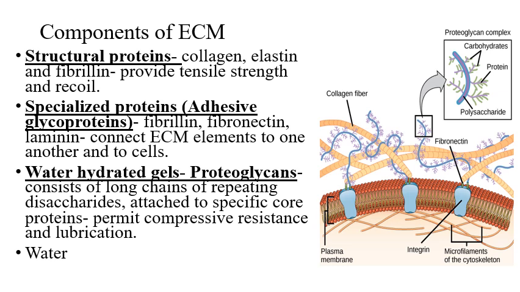Another component of extracellular matrix is water. So extracellular matrix consists of different types of proteins, with specific functions for each type of protein.